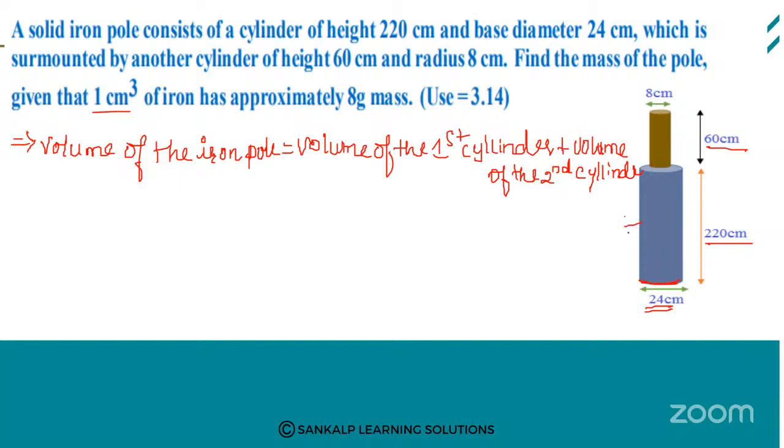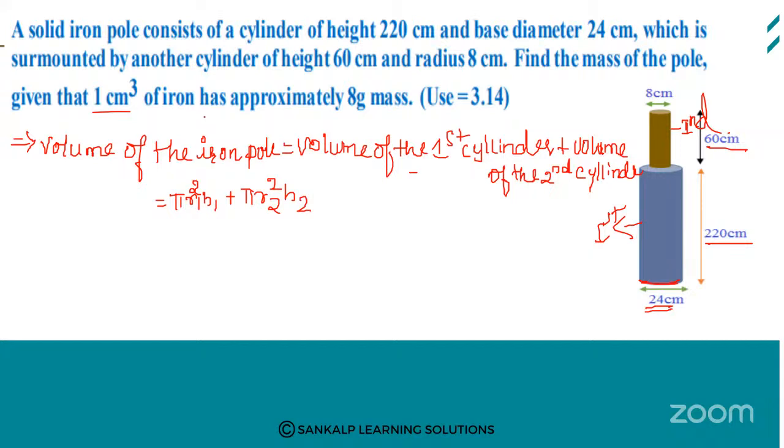So this is first cylinder and this is second cylinder. Now, volume of the cylinder is pi r square h. Pi r1 square h1 plus pi r2 square h2.